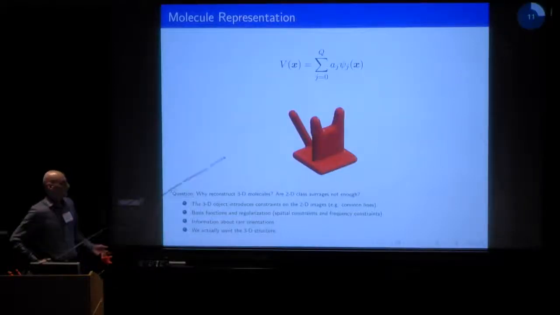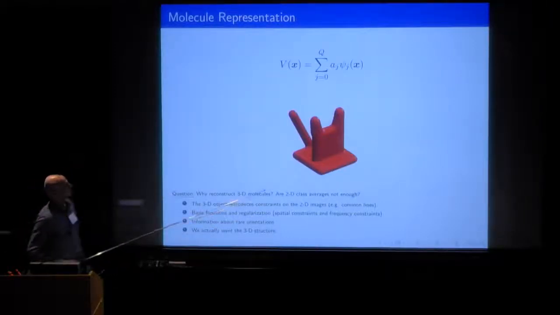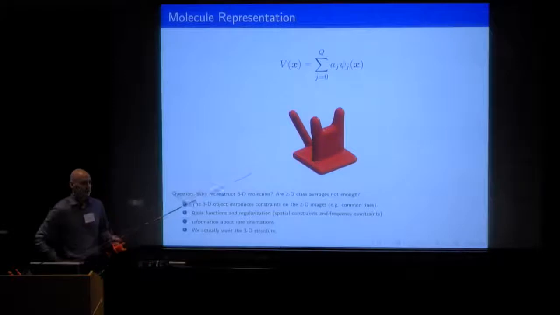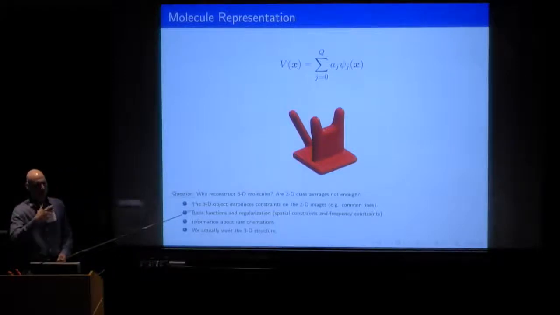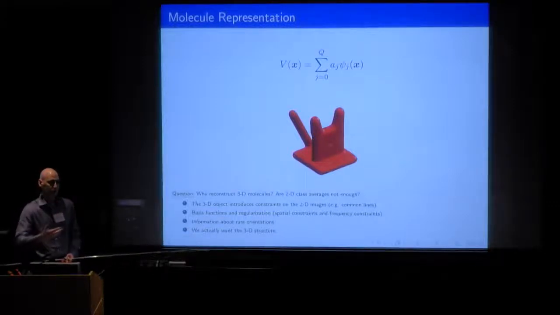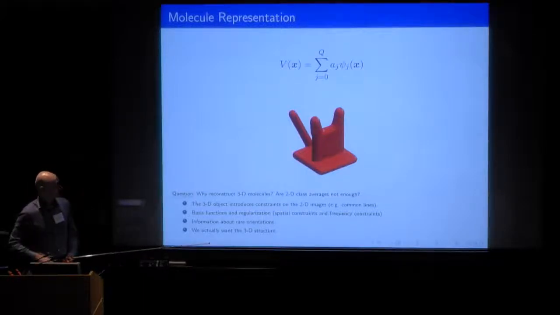So we'll try to generalize that idea. First, how do we represent the three-dimensional objects or the three-dimensional molecules? Usually, we'll write this as some kind of a sum of basis functions. It's not necessarily obvious when you look at these samples on the grid, but what's hiding behind the signal processing that we're doing is some kind of basis functions.